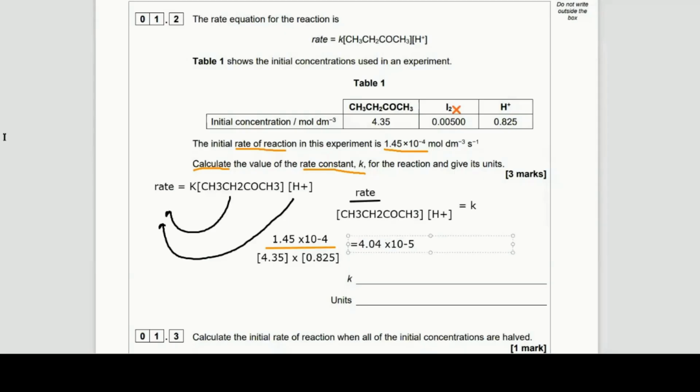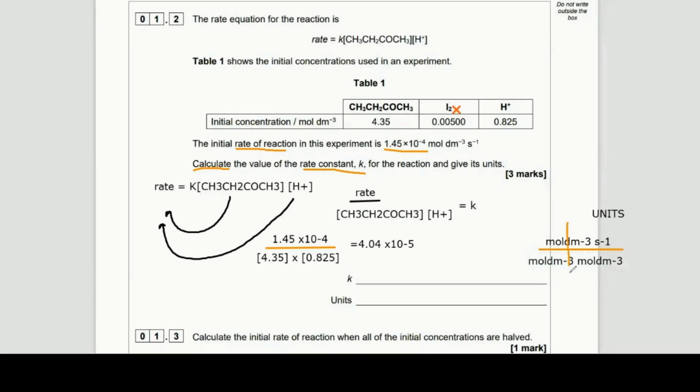Now, the units for K, we need to work out. And we can do that by writing out the units of rate, which are on the top, and that is mol dm minus 3 s minus 1, and putting that over the units for the concentration of the ketone and the hydrogen ions. So both of those have mol dm minus 3.